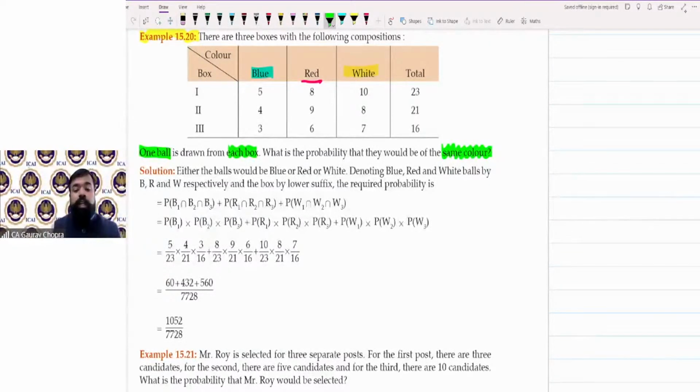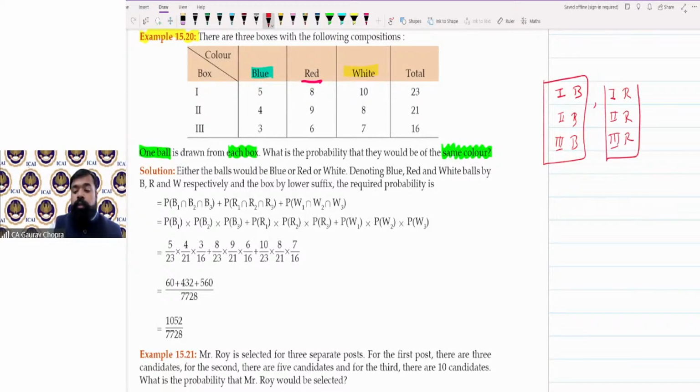So what are the chances of them being the same color? So we can write all the possibilities, whether it can be from first box, blue color, second box, blue color, third box, blue color. This is the first case because we want blue color from all the boxes. Or second possibility will be red from first, red from second, red from third.